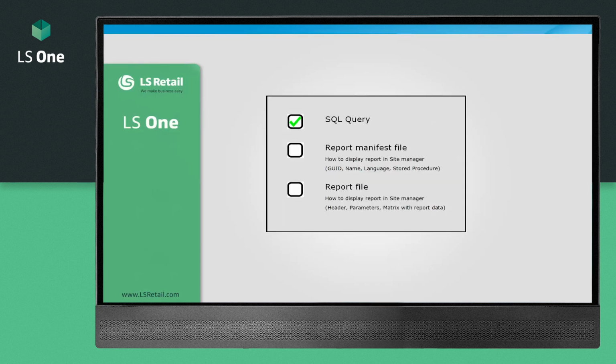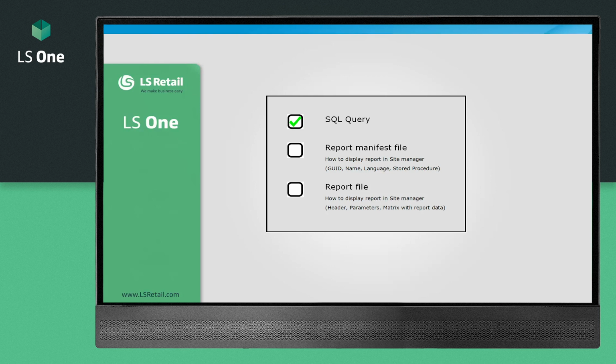Now that we have our query, we need to create the report files. The reports in LS1 consist of two files. The report manifest file, which contains information about how to display the report in Site Manager, contains a unique GUID ID, the name, the language, and the stored procedure for the report.